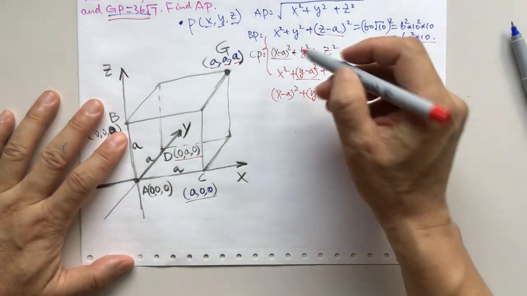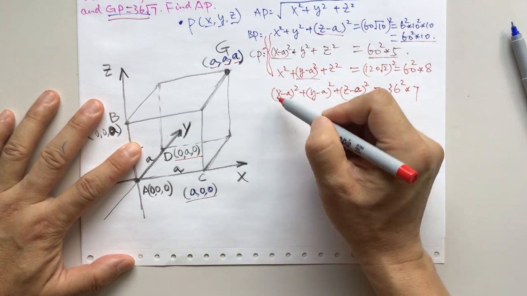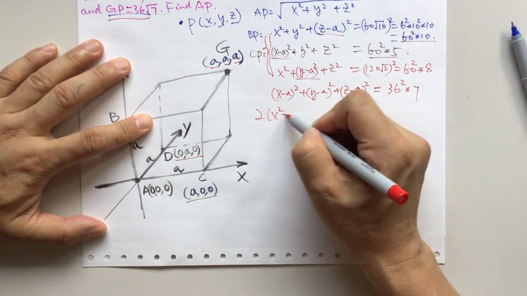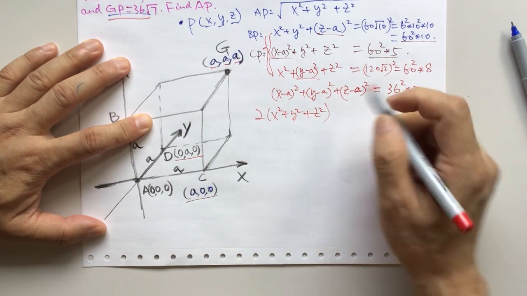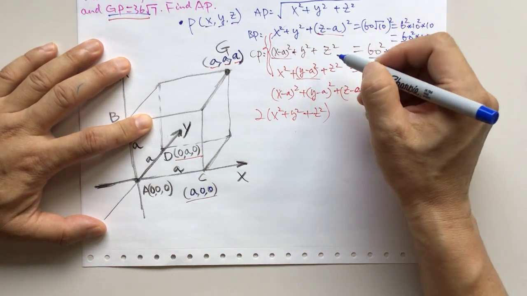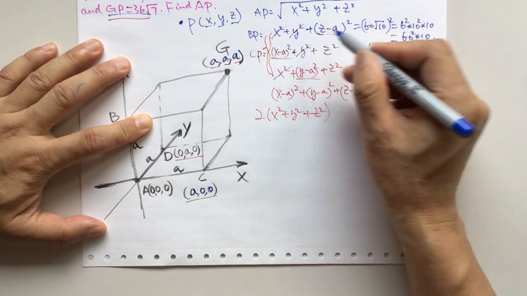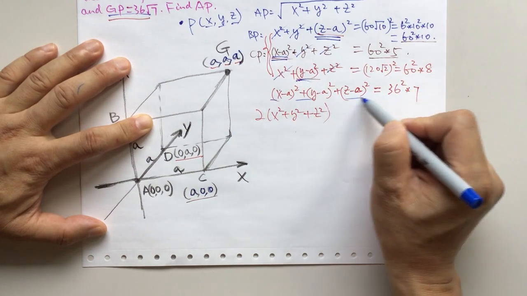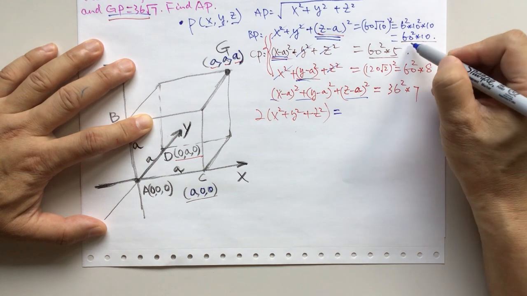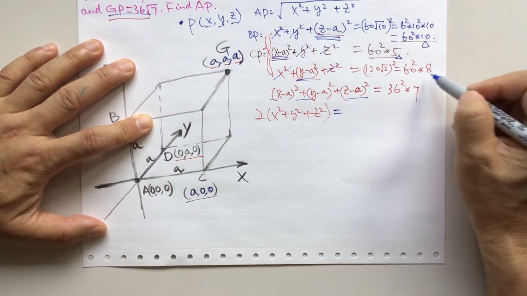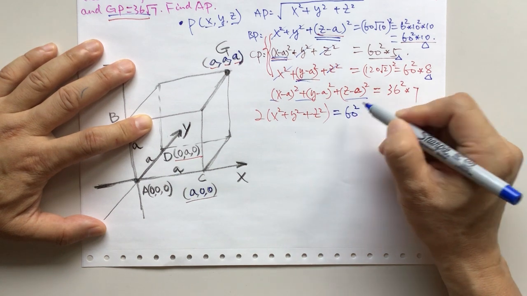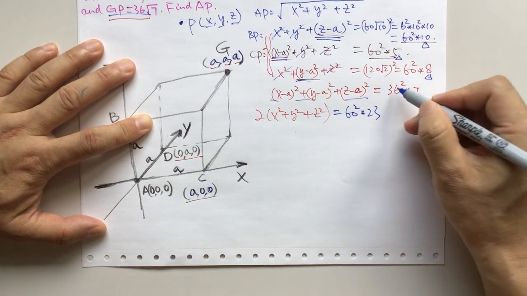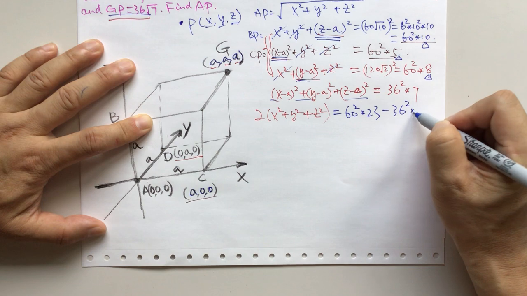We take the sum and subtract this one. Then we get 2 times (x squared plus y squared plus z squared), and all the other terms cancel. On the right-hand side we have 60 squared times 10, 5, and 8, put together 60 squared times 23, minus 36 squared times 7.